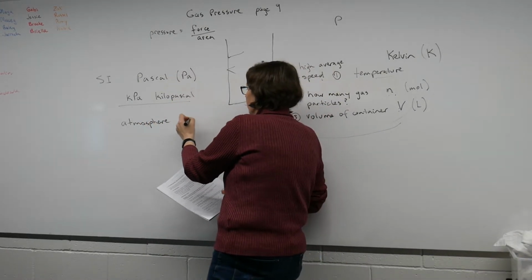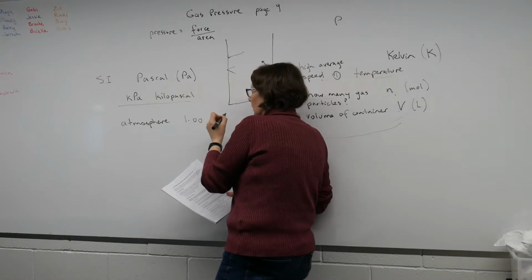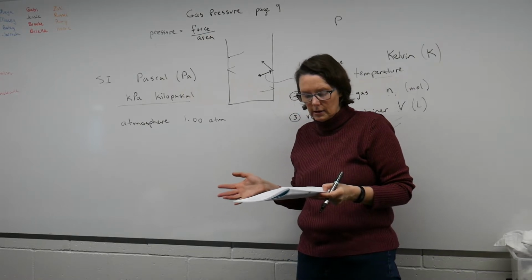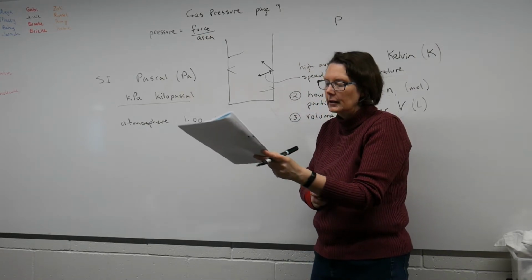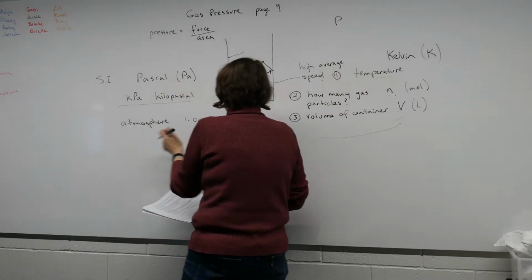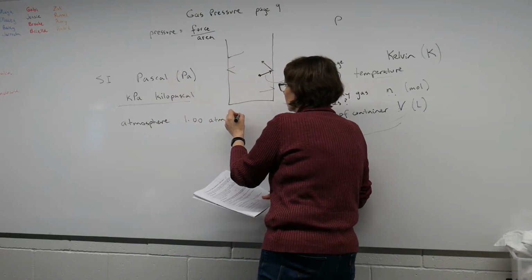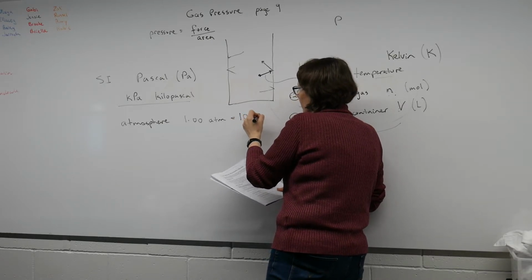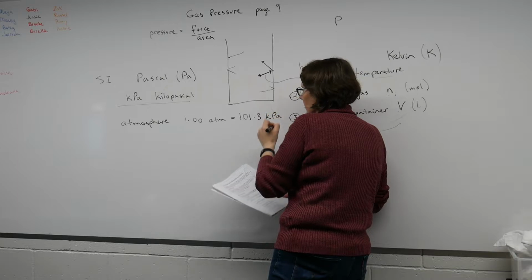So 1.00 atmosphere is basically the atmosphere at sea level. And 1 atmosphere, which I've already written here, is equal to 101.3 kilopascals.